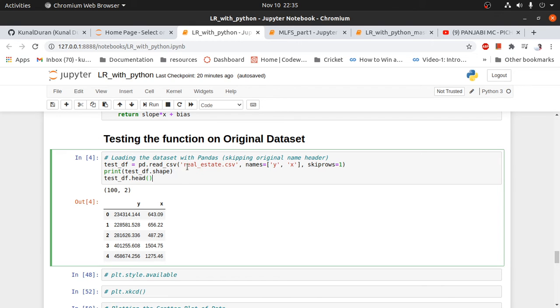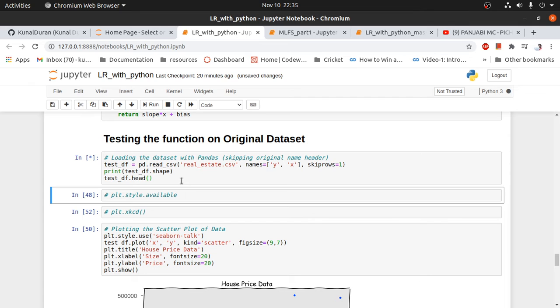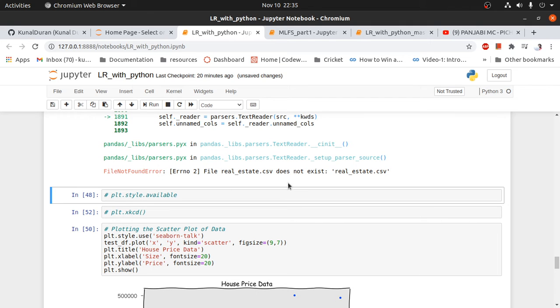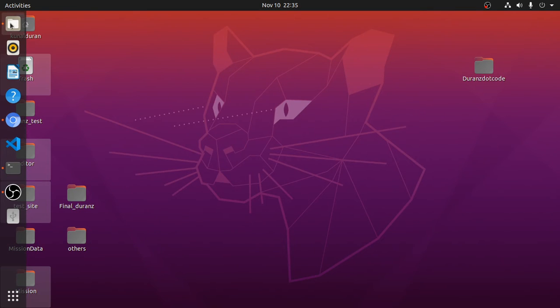Let's see, we have some dataset, real estate.csv. I replaced the first row because there were some original names, I think price or size, but I replaced them with x and y to be clear. Loading.